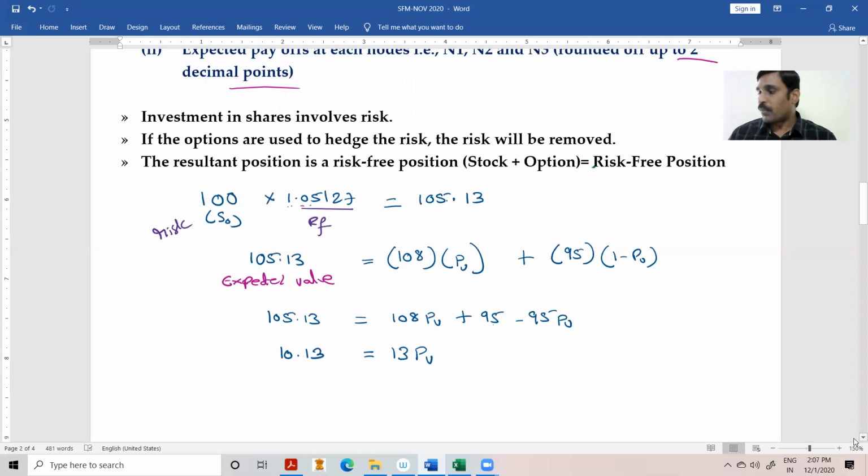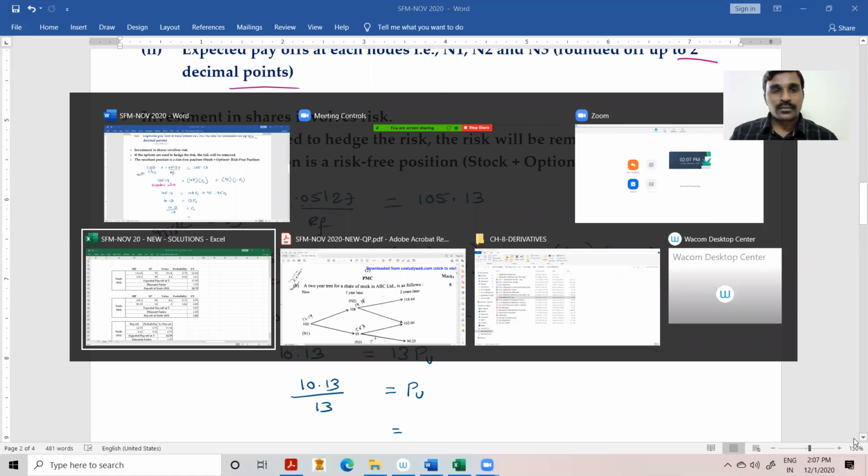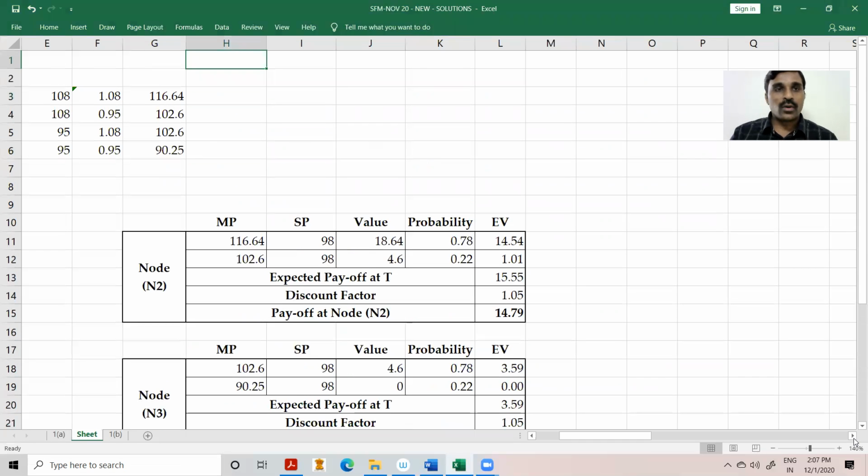Therefore, probability up is equal to 10.13 divided by 13. This is what we'll get.